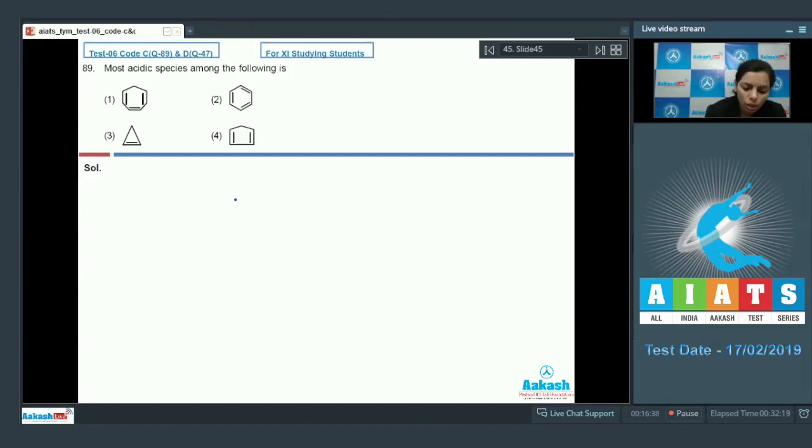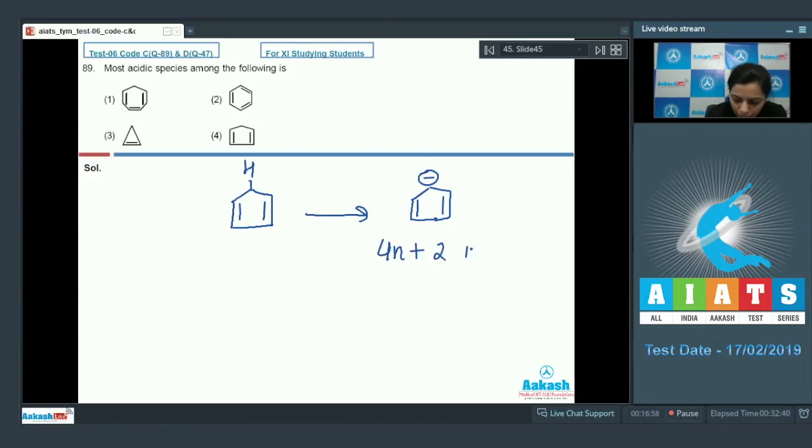But if we talk about the compound given in option 4, this is the compound. There is hydrogen atom. It will lose its proton, and these electrons will come over this carbon in this position. Now this is the species, and in this case, it is a planar molecule with 4n plus 2 pi electrons.